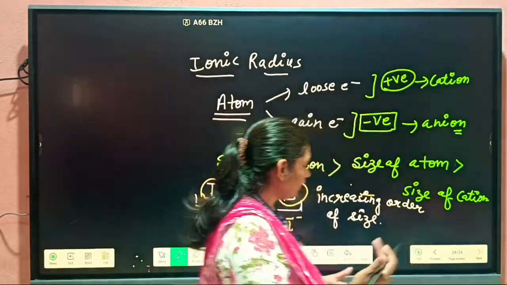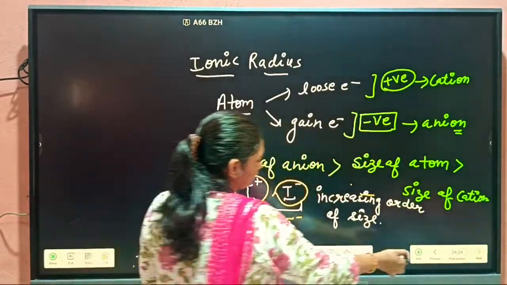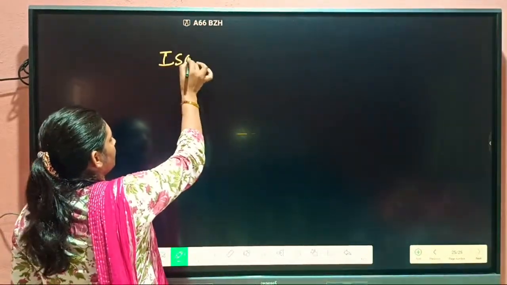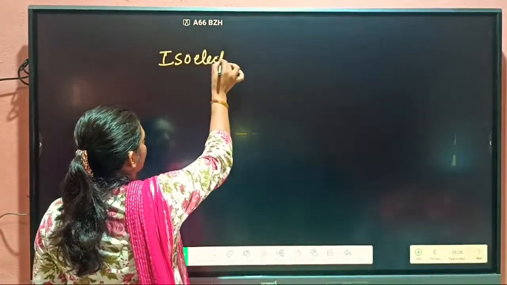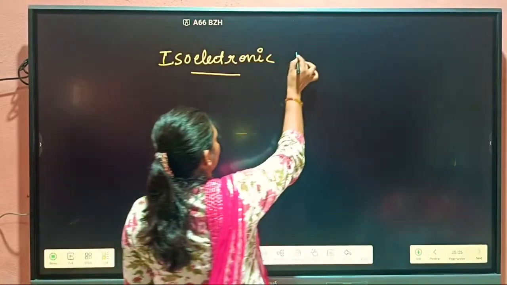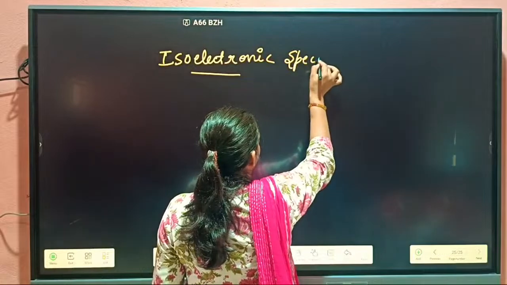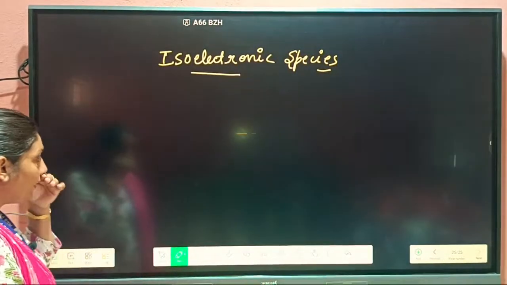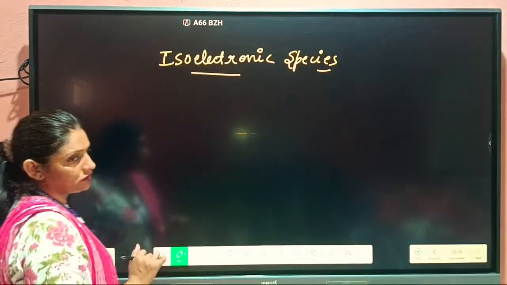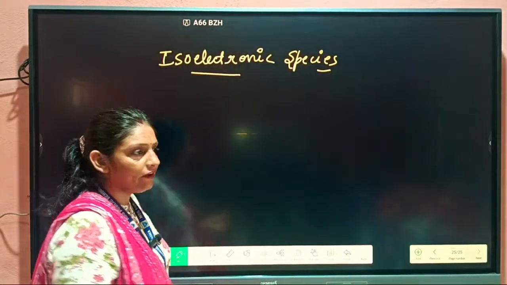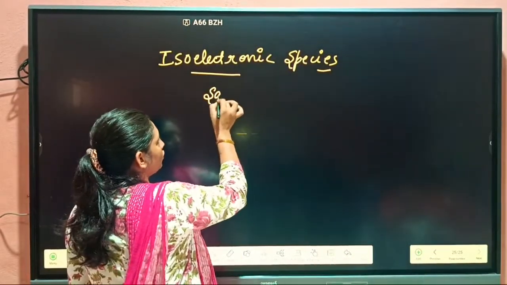Hence the size of the anion will be the greatest, then the size of the atom, and then the size of the cation. And if I talk about isoelectronic species, what do you mean by isoelectronic species? Isoelectronic species are those which have the same number of electrons.